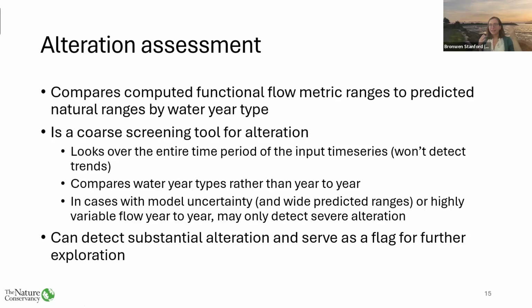In that case, it's going to take a lot of alteration to bump you out of the natural range. So you could have a system that's pretty altered, and because the model isn't sure, or because the natural variability is so high, or both, it could be hard to show that you're actually seeing a different distribution of data because of alteration. But it can detect big patterns of alteration and be a flag for further exploration.